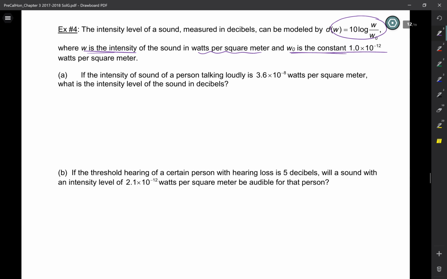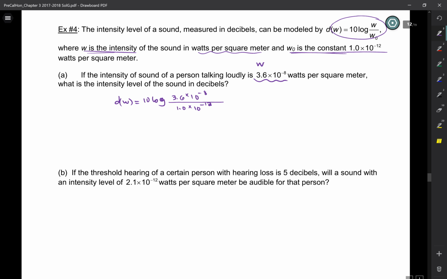So what we're going to do is D of W is 10 log, right? So this, the intensity of sound, is W. So it's 10 log 3.6 times 10 to the negative 8 over, what was the constant? 1 times 10 to the negative 12.